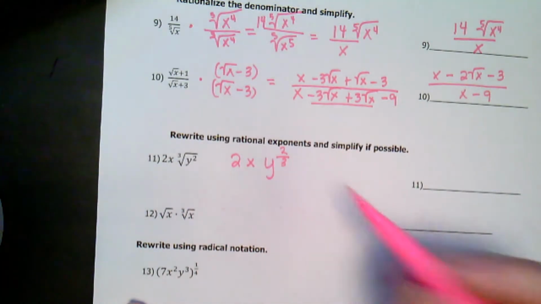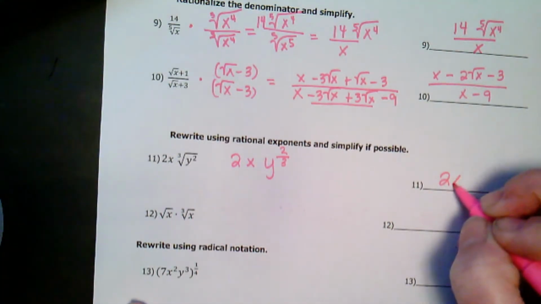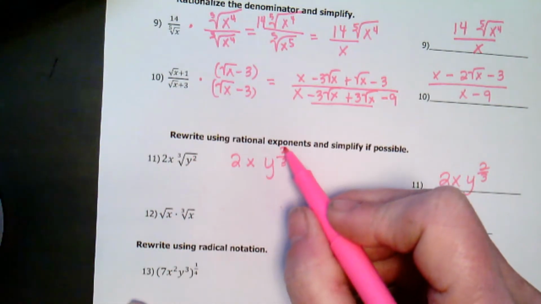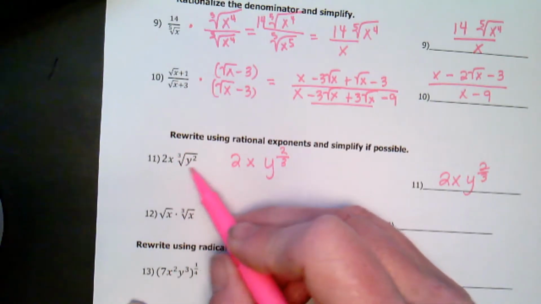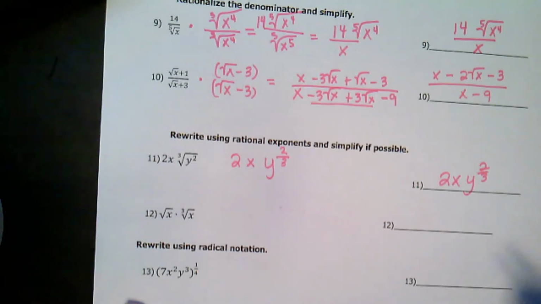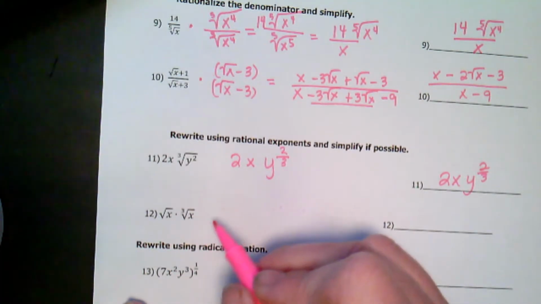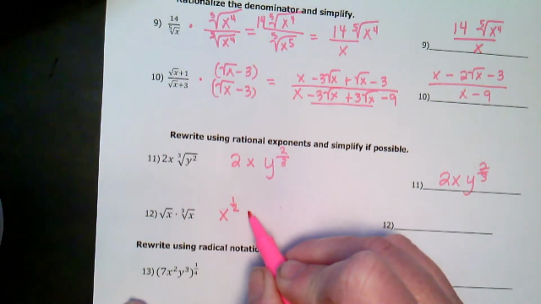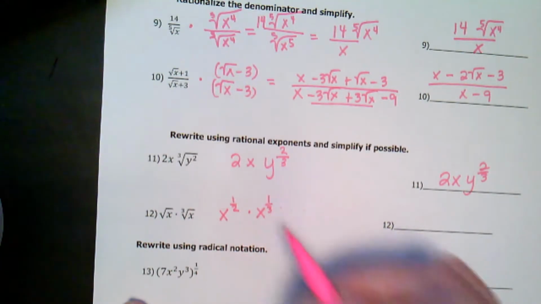So this is really all they wanted you to do. If there's an exponent, it still stays as the numerator, and then whatever your index is out here becomes your denominator.